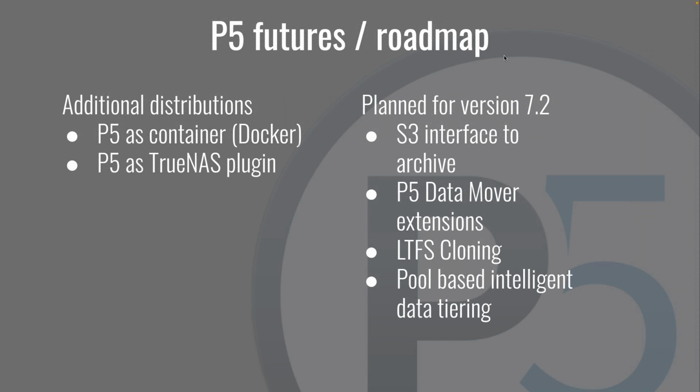You could use the same software tools to connect to a P5 S3 endpoint, and then objects received by this object store will be written by P5 Archive into the index and onto whatever storage you're choosing to use, which I think we most commonly see being useful for LTO. So any software that can interface with S3 storage will be able to write to an LTO tape library or drive.